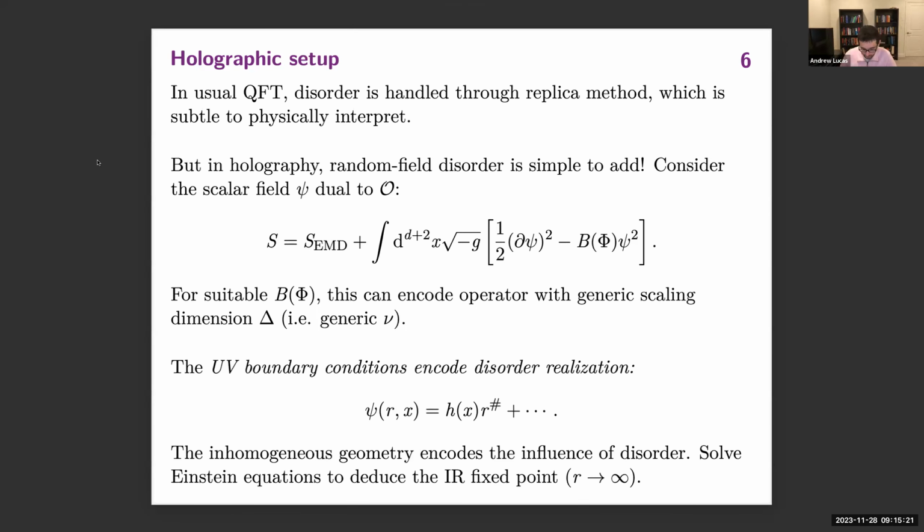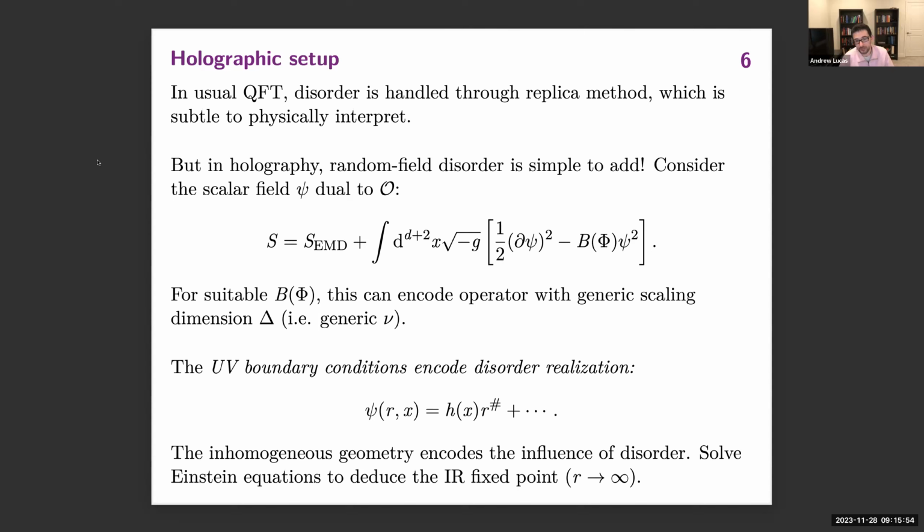Why disorder is so nice in holographic models is that the UV boundary conditions for our bulk geometry can just naturally encode the specific disorder realization that we're studying. So conceptually, it's a very clean way of handling disorder in a quantum field theory. The picture is that we have this scalar field psi in the bulk, which is dual to the disorder field in the QFT.